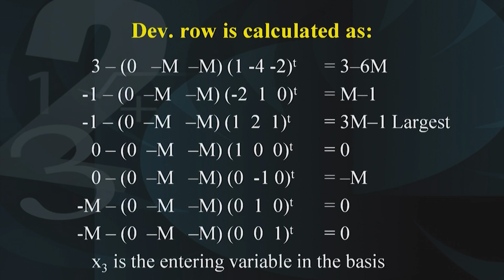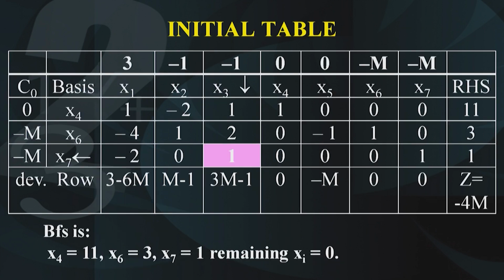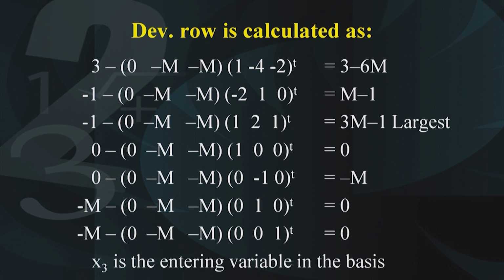The fourth entry is 0 minus 0, minus M multiplied by 1, 0, 0, which comes out to be 0, and this is written over here under the x4 column. Next, the x5 entry.